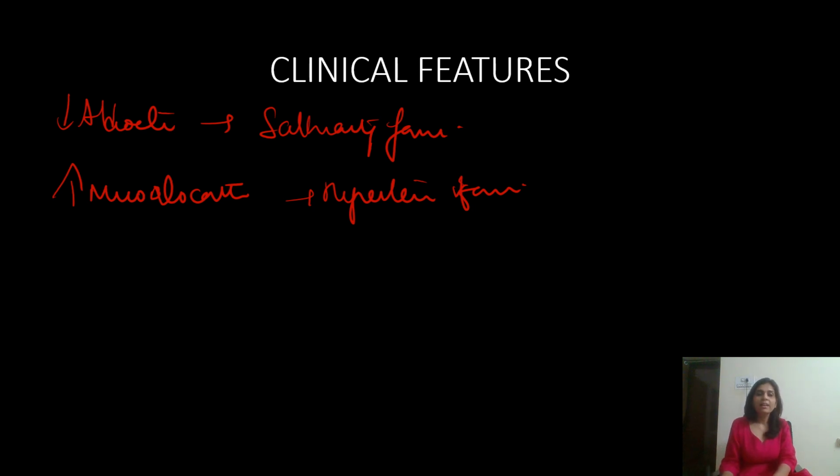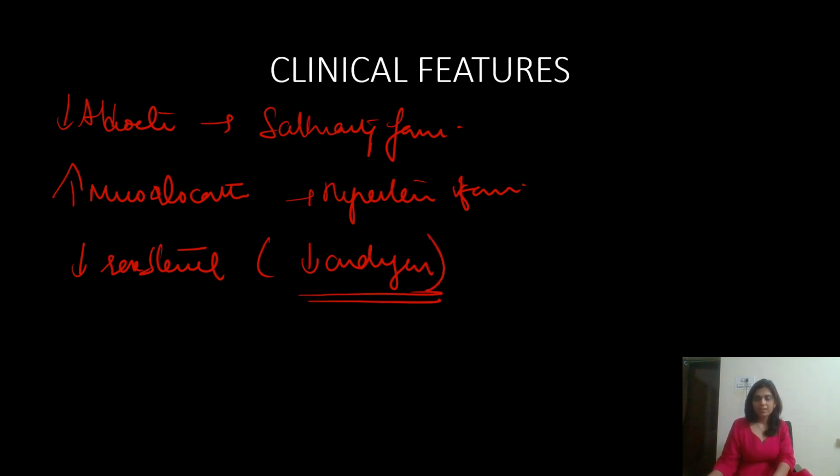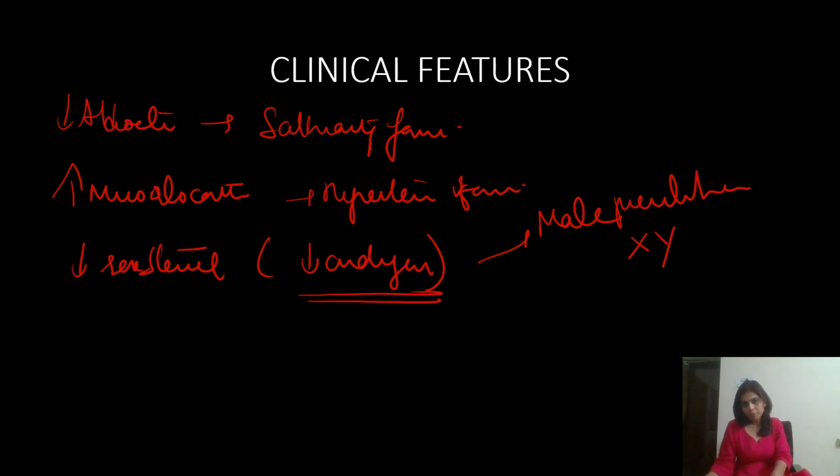Okay. And if there is low sex steroid synthesis, predominantly it is considered as low androgen. So if it is low androgen synthesis, if it's a male fetus, what will it present as? It presents as male pseudohermaphroditism, because in this case, though genetically the person has got XY, because there is no adrenal androgen, there is no proper internal and external genital development of male type.